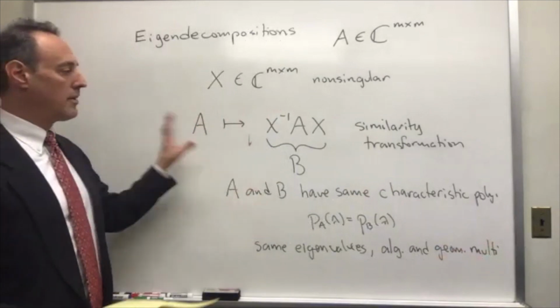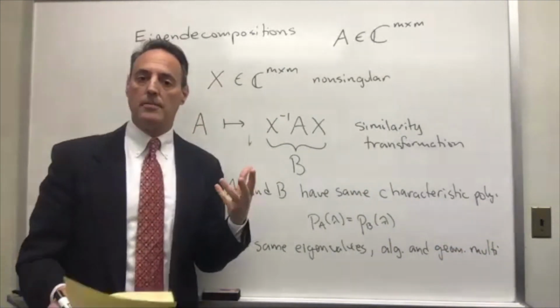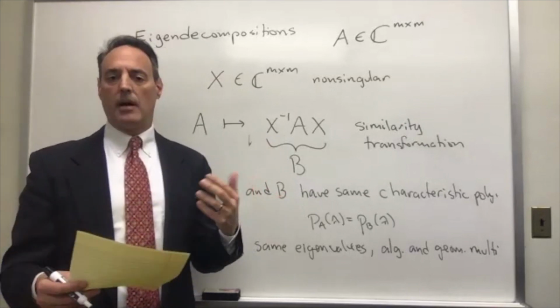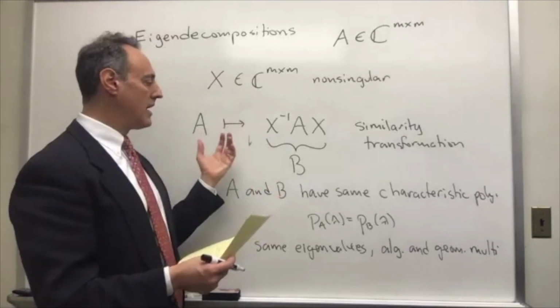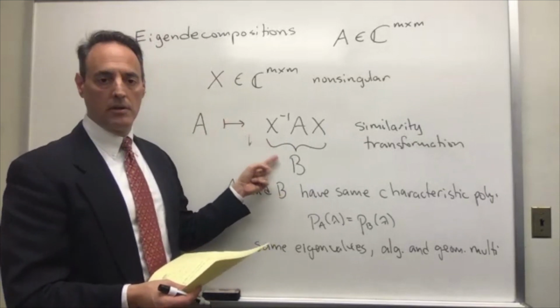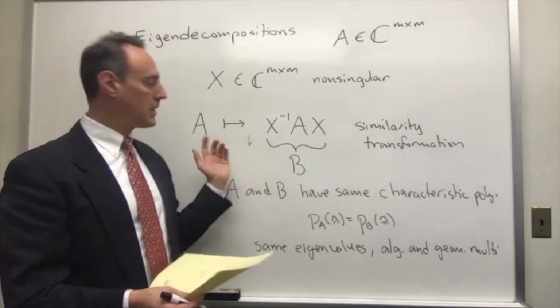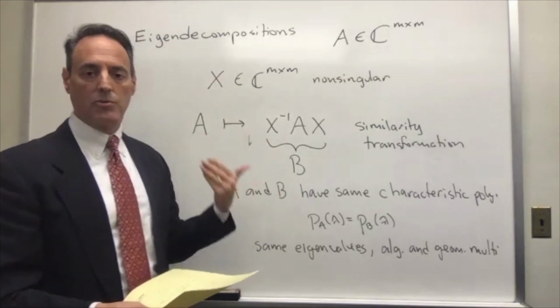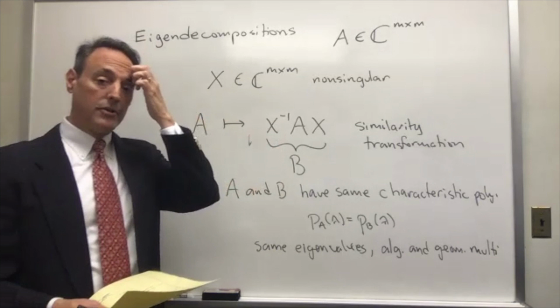So this is a really important property because oftentimes when we have some system that we're trying to solve with some matrix A, there's great advantage to working in these similarity variables, because in this coordinate system some nice reductions can happen for you.